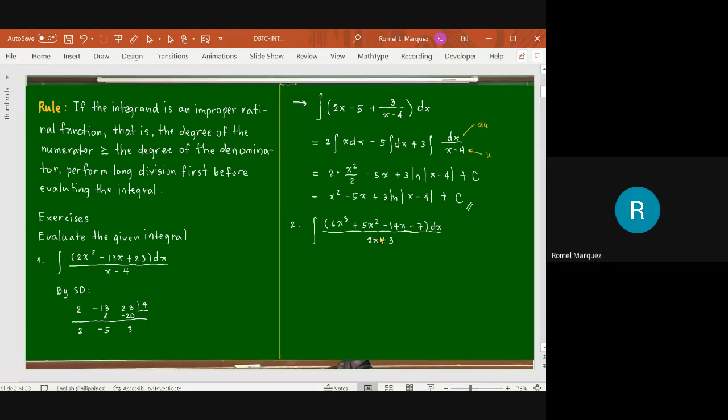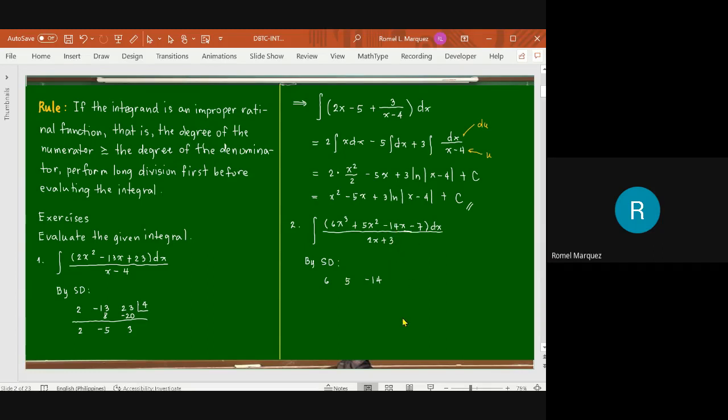Again, the integrand, 6x cubed plus 5x squared minus 14x minus 7 all over 2x plus 3, is an improper rational function. As a rule, we are going to divide first. We can apply synthetic division again, the easiest way to perform division. Copying the coefficients 6, 5, negative 14. Be sure all powers are present.